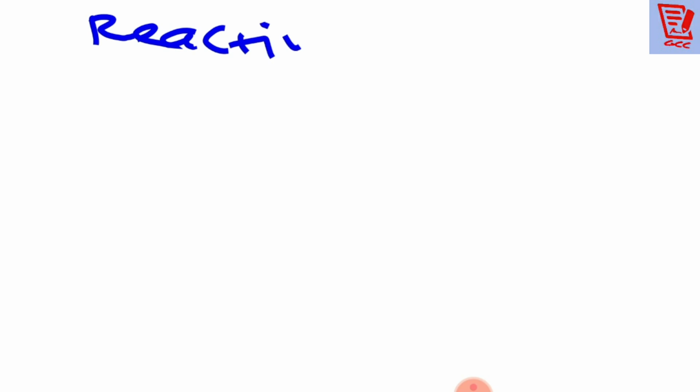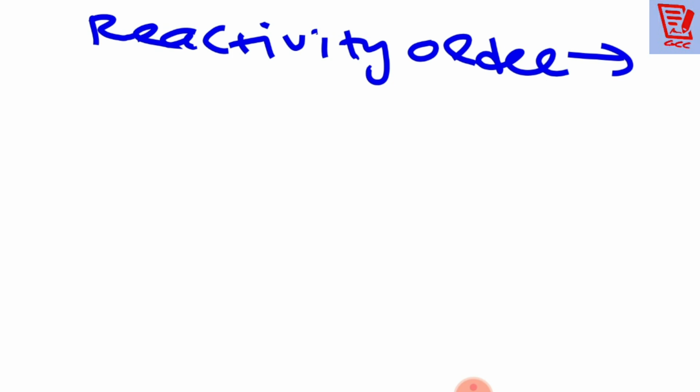Okay. Then after that, we have to do its reactivity order. Now, whenever we are talking about the reactivity order, students, in SN1 there was a carbocation, but here it is not like that. So what we usually say is primary alkyl halide, then secondary, then tertiary.